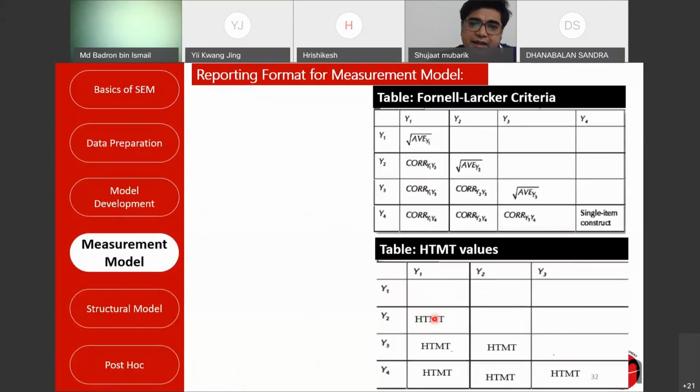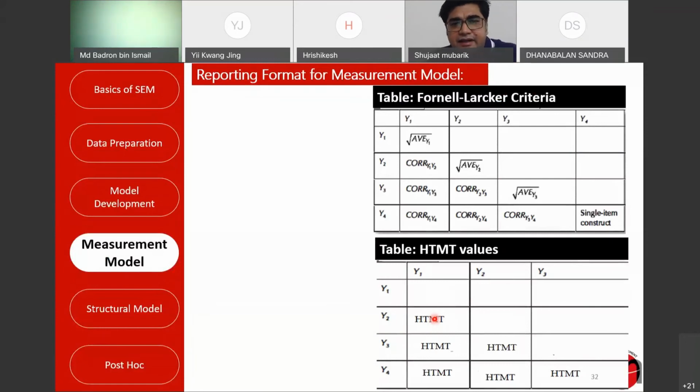Whether you're writing for the Academy of Management or for any local or international journal, this is the standard reporting criteria for presenting the results of Smart PLS. I'm just to share with you, we have published a lot of research papers in very high impact factor journals by reporting the same criteria.